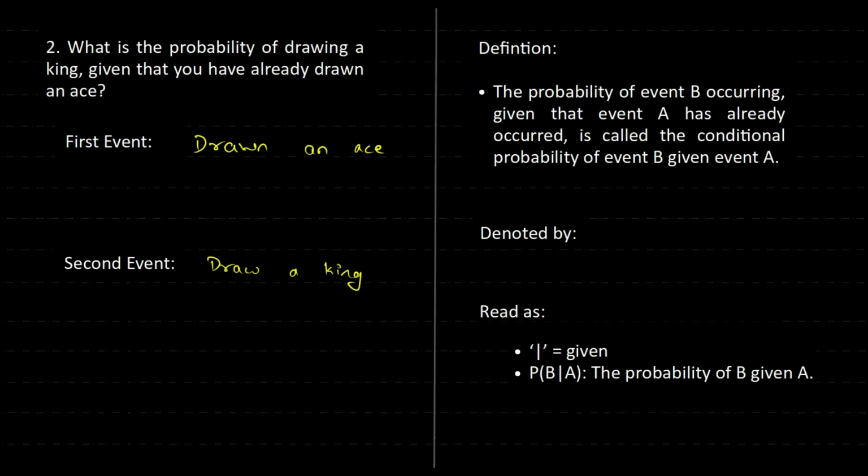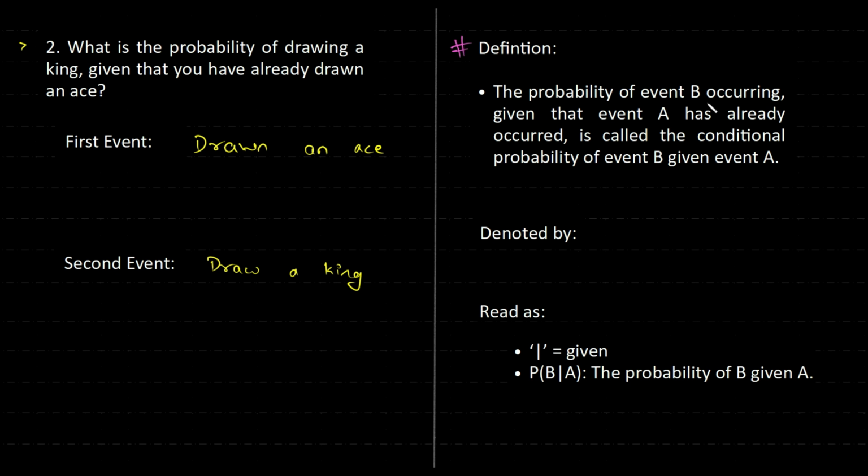Okay, anyways, the point here is we are trying to understand that given a certain condition, what is the probability of this particular event happening? Okay, so let's define it.